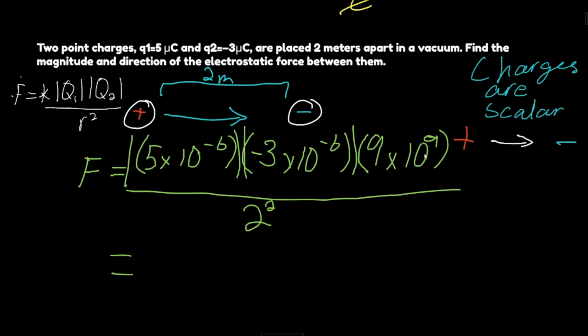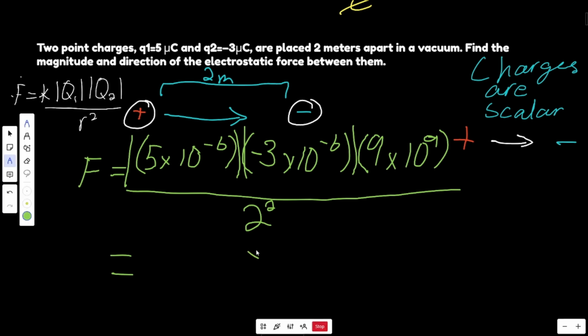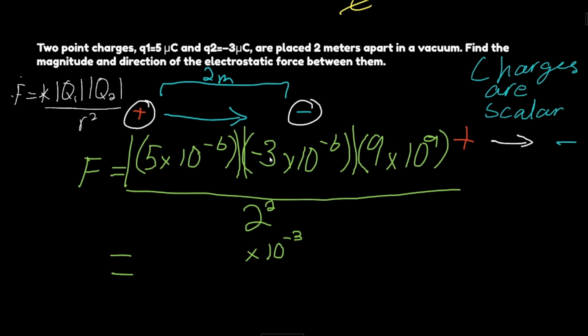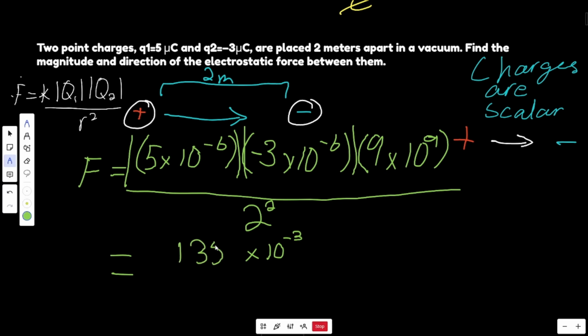And then times 10 to the power of 9, that's 10 to the power of negative 3. So we'll have here on the numerator 10 to the power of negative 3, and 5 times negative 3 times 9. 5 times 3 is 15, because there's absolute value. So 5 times 3 is 15, times 9 is 135. This is all over 2 squared, which is 4.